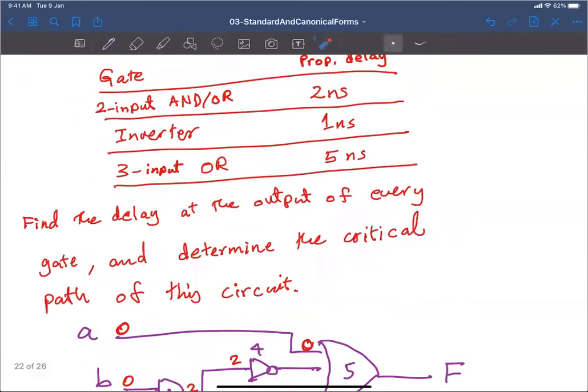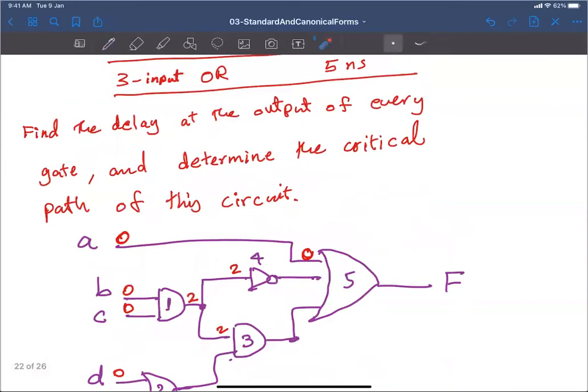But we would like to find the delay from one of the primary inputs to here. We know the delay up to this point, which is 2, so I add this delay to the delay of this gate. And this results in how many nanoseconds at the output? 3, excellent. So we know that the delay at the other input of the OR gate is 3 nanoseconds.